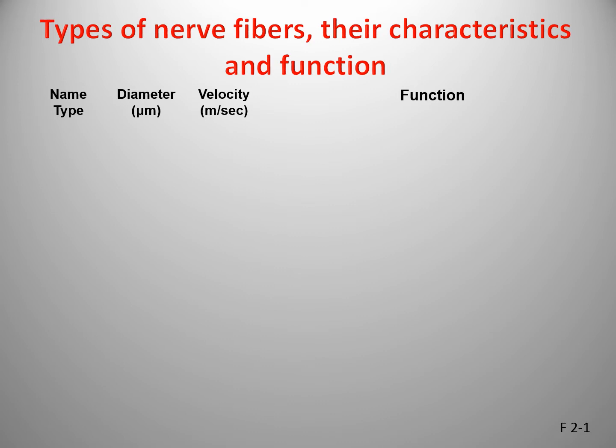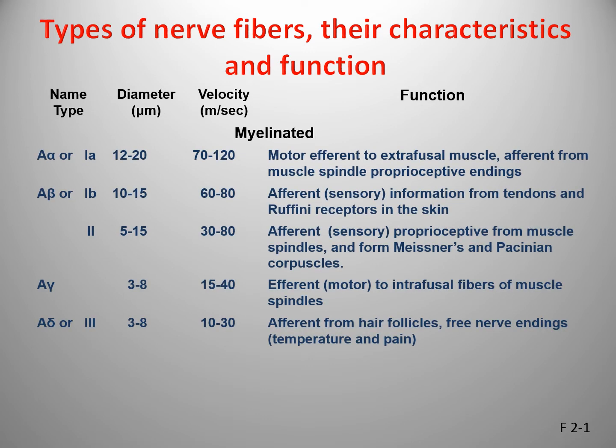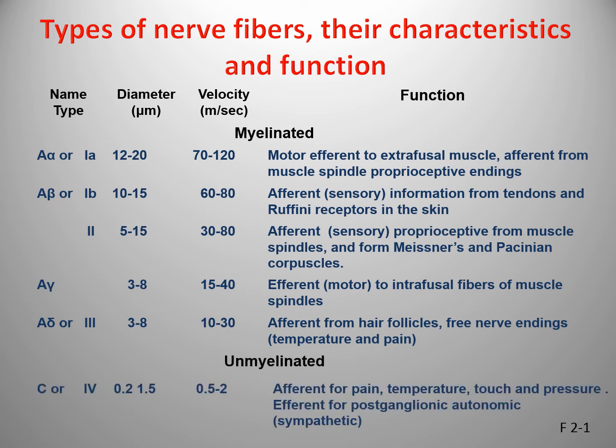The original nomenclature described by Erlanger and Gasser in 1941 involved the use of Latin letters and used A for fully myelinated axons, B for partially myelinated axons, and C for unmyelinated axons.